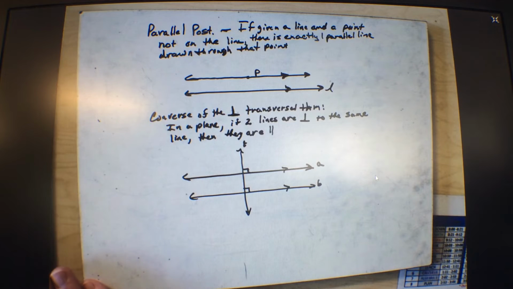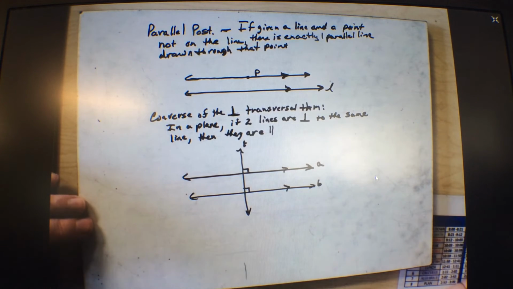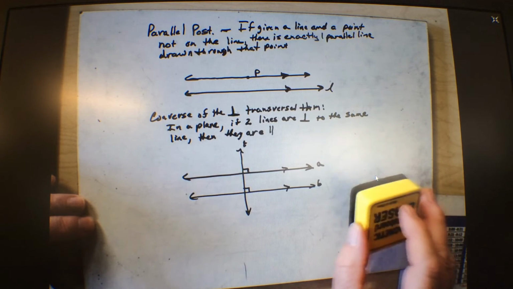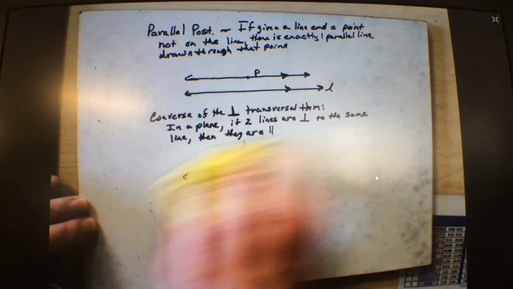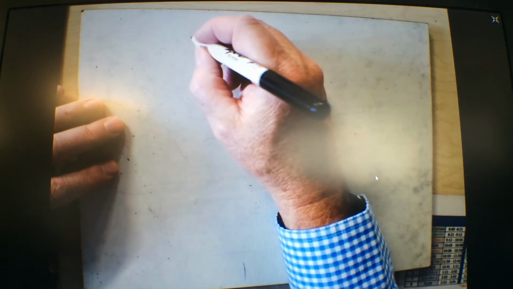Okay, so let's go to the exercises on page 190. Page 190. I'm going to erase. You ready? Okay. I'm going to attempt to draw this very quickly. We'll see how that works.